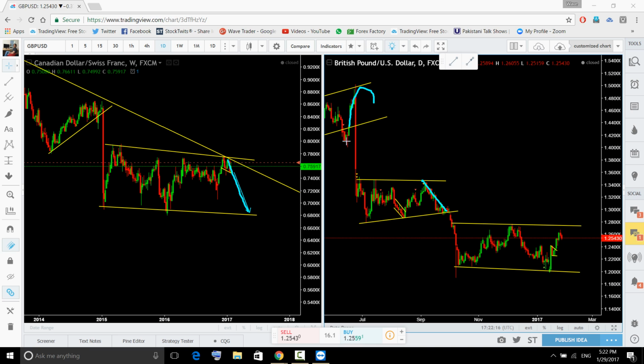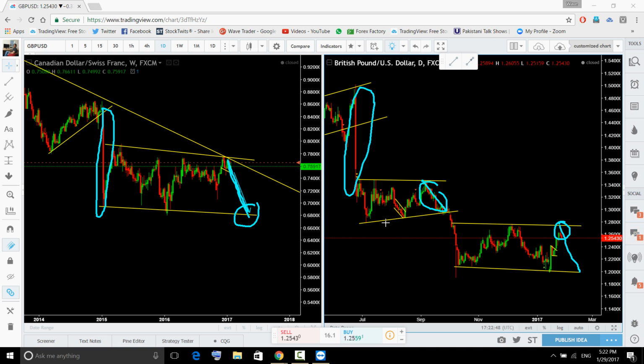We can see a very strong impulse was there, and now we are looking for continuation to the downside, or at least the previous low. Same thing here at the current price. I will talk about the pound dollar once I go through that pair.